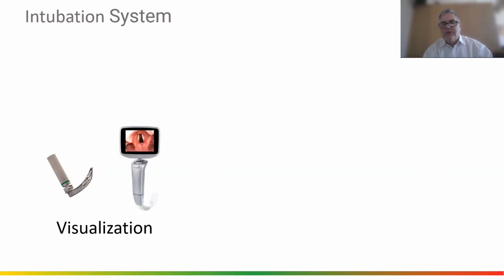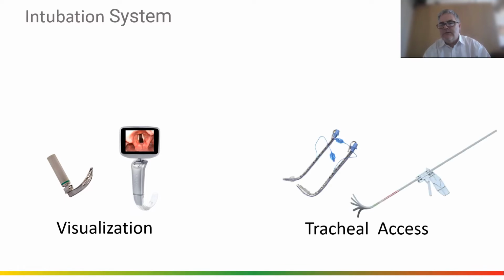In the intubation system, we can use direct laryngoscopy or video laryngoscopy to visualize the glottis. We can use static tracheal access. In fact, most of intubation history has been static tracheal access. And by static, I mean once the shape of the access tool is chosen, you cannot change that shape or that curve while in use.